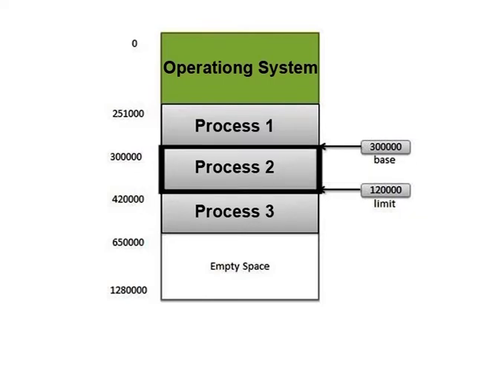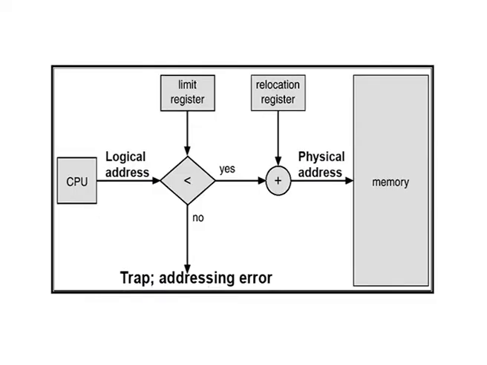Here in this case, process 2 can legally access all addresses from 300000 to 420000. The protection of memory access has been shown in this figure. The CPU generates an address to access an instruction or data of the running process. The CPU generated address is compared with the base address.